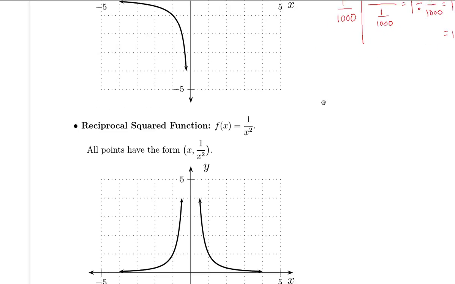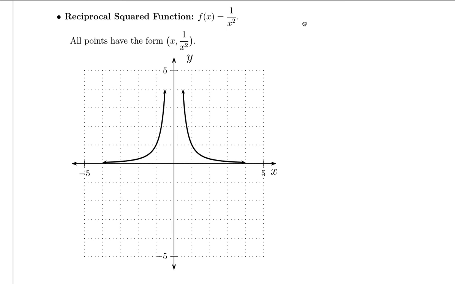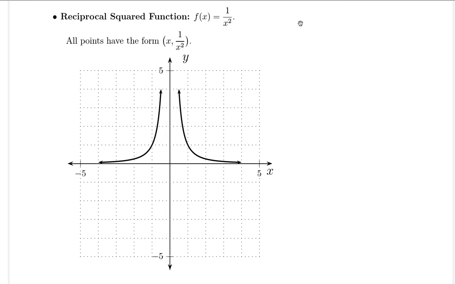All right, so the last function here is the reciprocal squared function. And really similar analysis to what we just did, so if I put in x equals 1, then 1 over 1 squared is still 1. All right, so that gives me that point. But if I put in negative 1, we know that squaring a negative turns it positive, right?